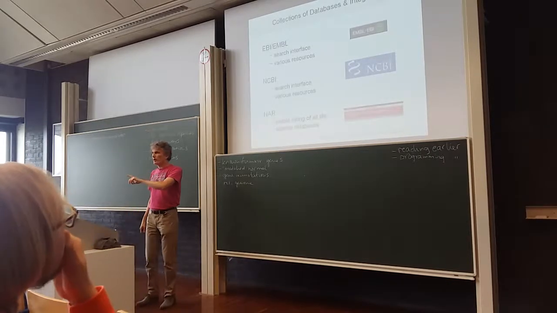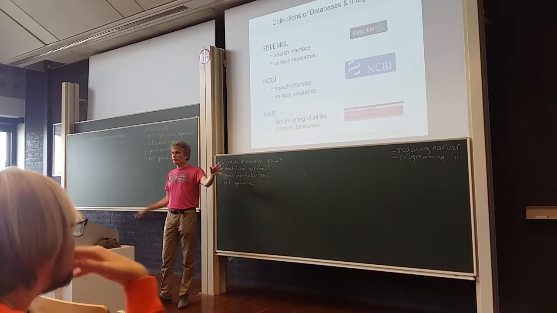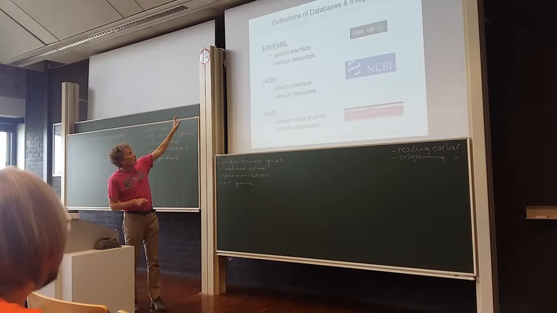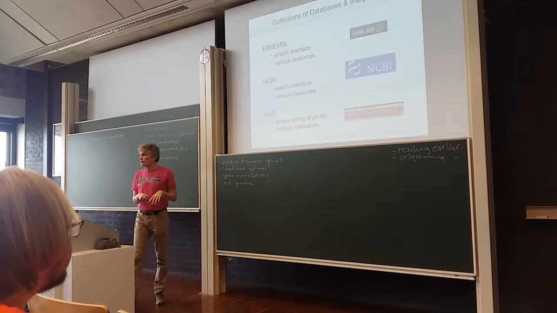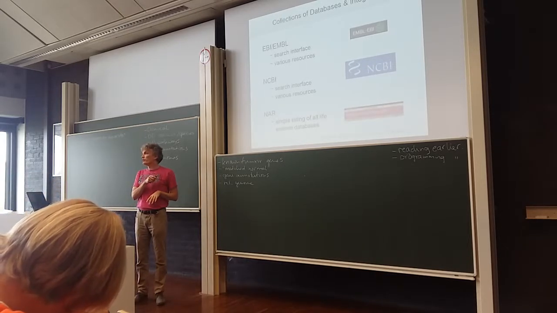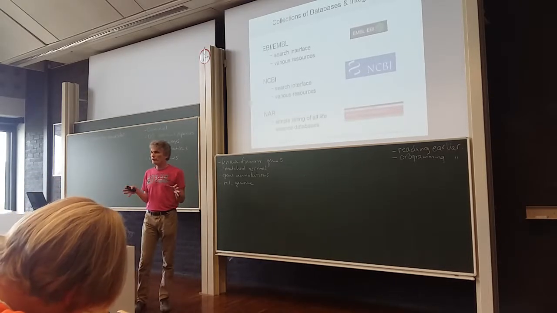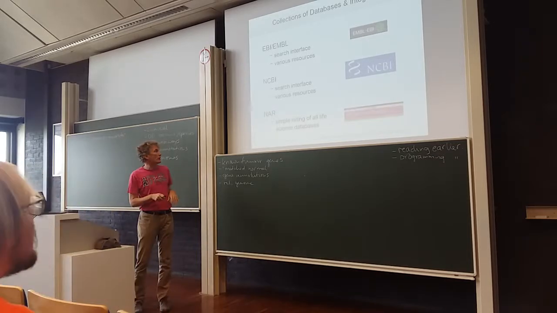What we call bioinformatics in Europe, they call computational biology in the US for weird historical reasons. And so they have lots of resources. If you've run BLAST, you've probably run it either via the NCBI website or via the EBI website. They both host BLAST servers, the search databases and a lot of other resources.